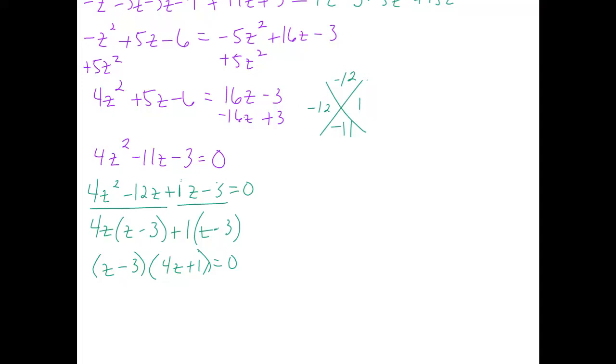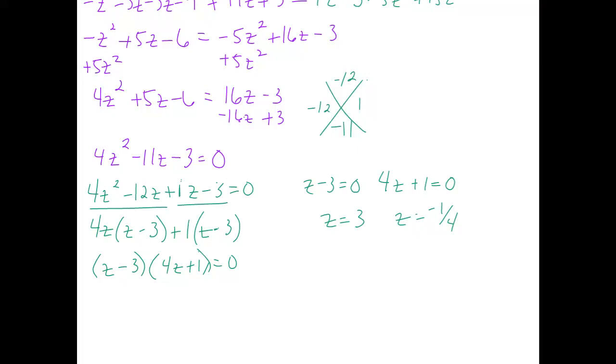All right, 1.5 more steps. So we got to set z minus 3 equal to 0 and solve, and 4z plus 1 equal to 0 and solve. So our z over here would be positive 3. And then we'll subtract the 1, divide by 4. We're looking at negative 1/4.